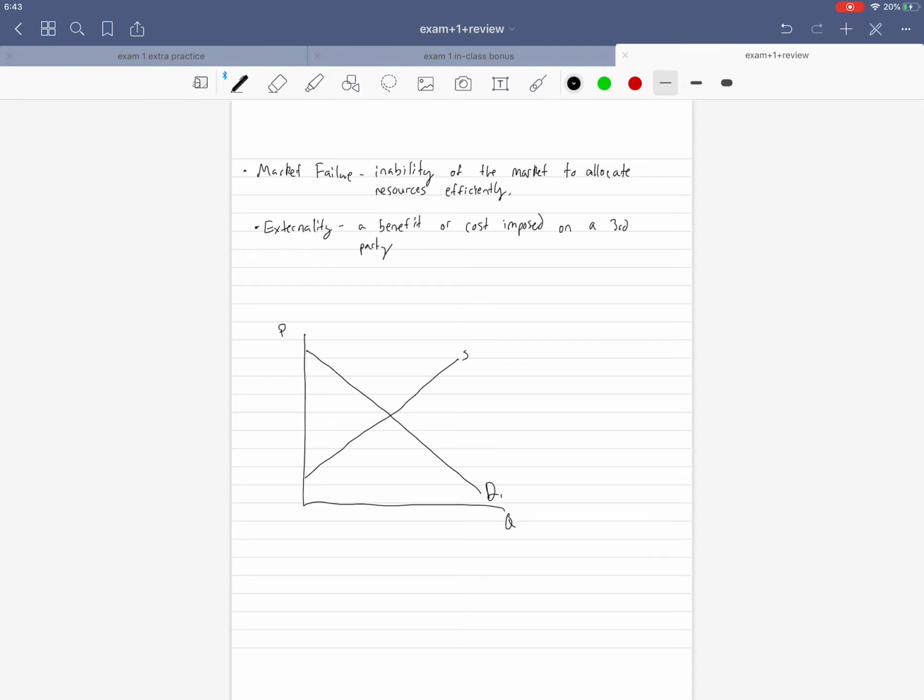So our demand curve, anytime there's a positive externality, we're just looking at the marginal private benefits, so that's of all the people who are consuming the goods or going out and purchasing it. And we see that we'll have an equilibrium. So maybe the equilibrium price is, let's just say, P naught here.